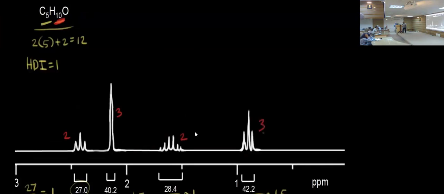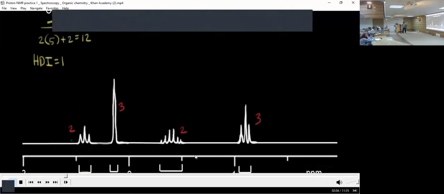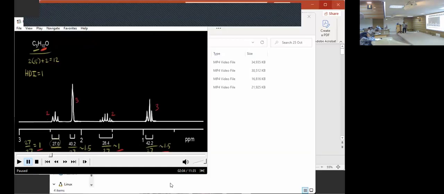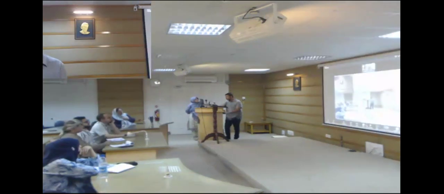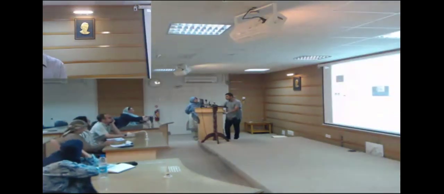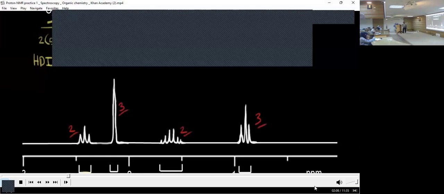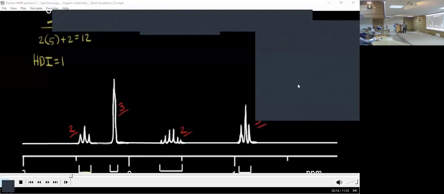So if you add all those up, 2 plus 3 plus 2 plus 3, that's of course 10 protons. So now we've accounted for all 10 protons using our integration values.